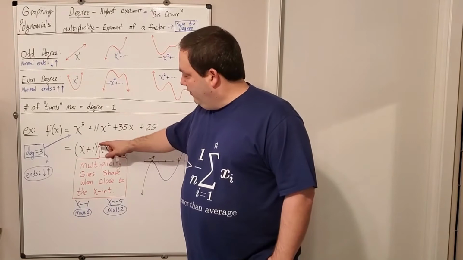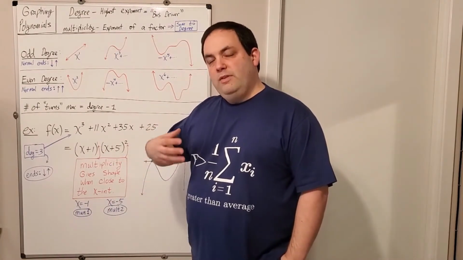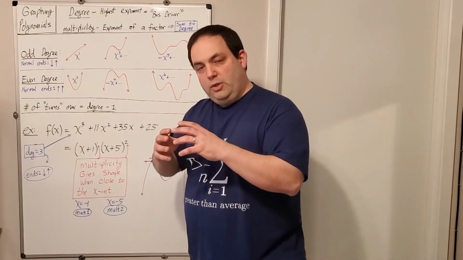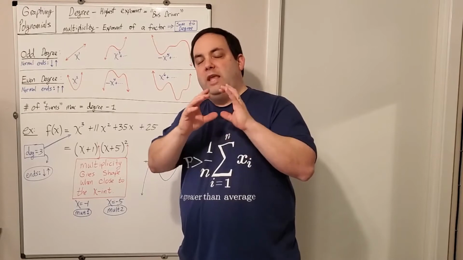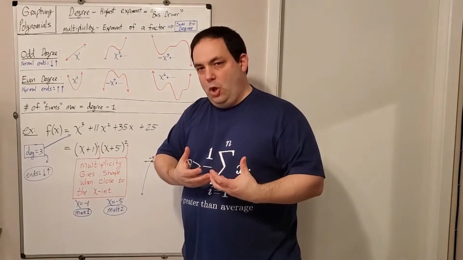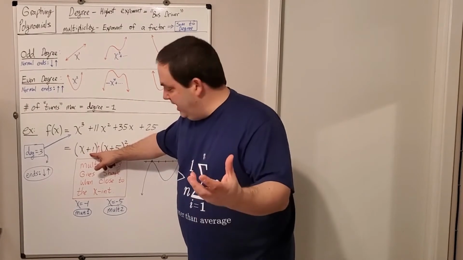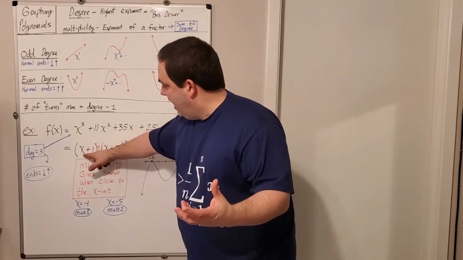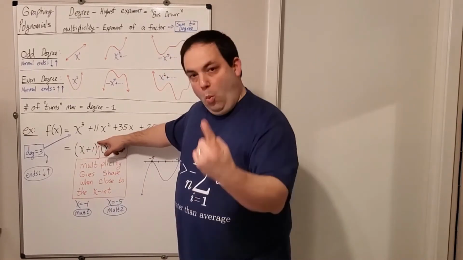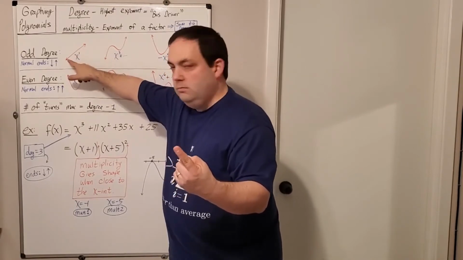Whatever exponent the multiplicity is, that's the shape you can expect the polynomial to have in a really small neighborhood around the x-intercept that that factor is talking about. This is what I mean. X plus 1 is talking about the intercept x equals -1. And since it's x plus 1 to the 1 power, x to the 1 power is like a line.